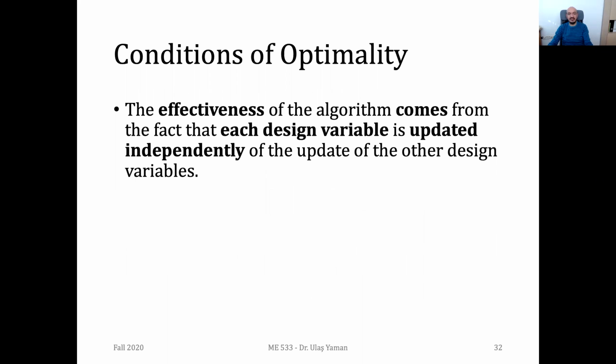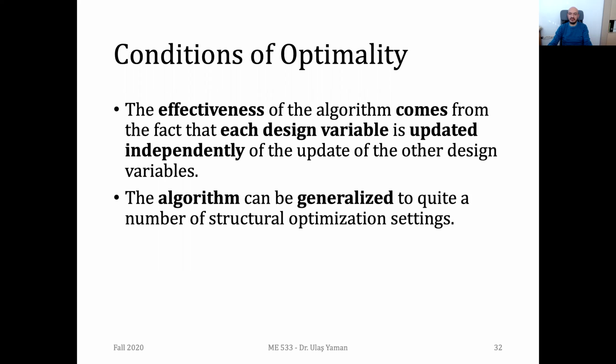The most effective aspect of this SIMP method is that each design variable is updated independently from the other elements. It's a nice feature, and that's why we prefer to use SIMP most of the time in topology optimization problems. Obviously, it's not that easy.